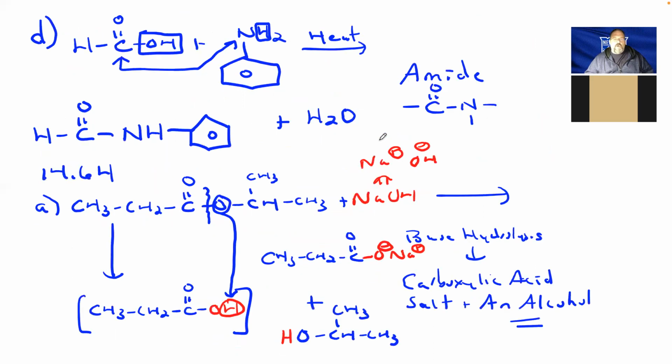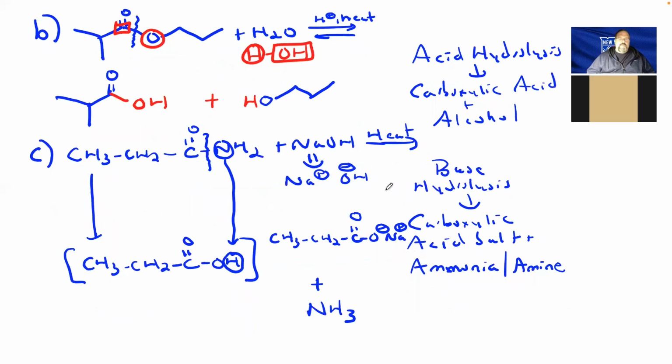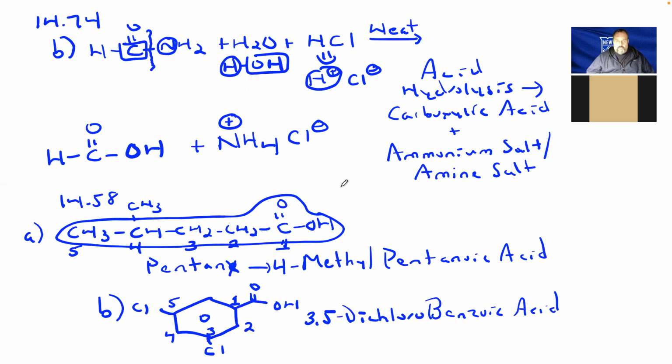And even for esters and their base hydrolysis, you could also use potassium hydroxide. Again, the only difference would be that instead of having Na+, you'd have K+. I don't think the textbook goes into the amides with using potassium hydroxide. But again, if they did, the only difference would be that instead of having Na+, you'd have K+. It would not change anything else.